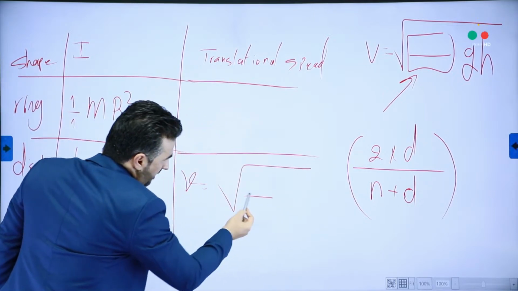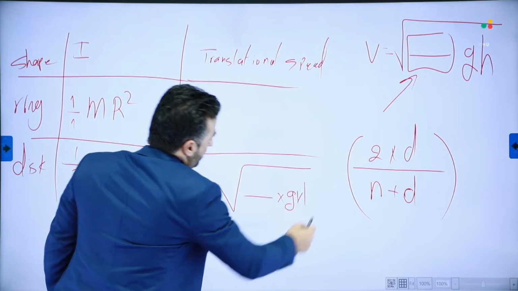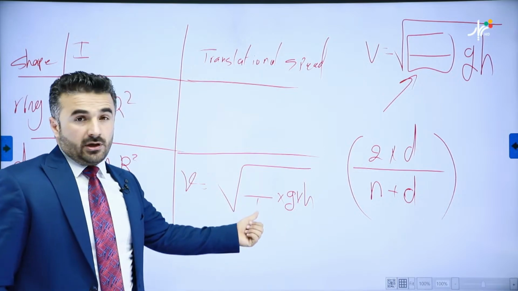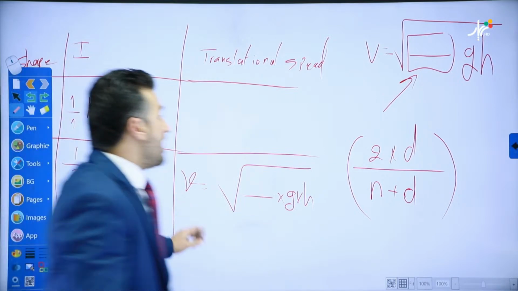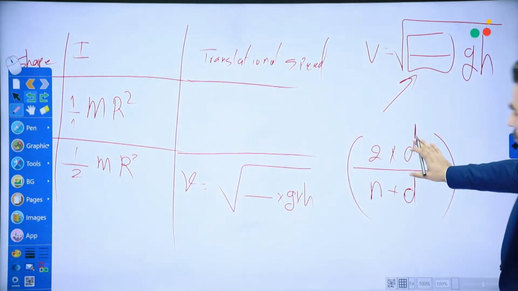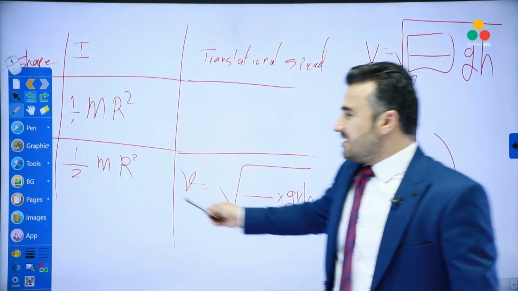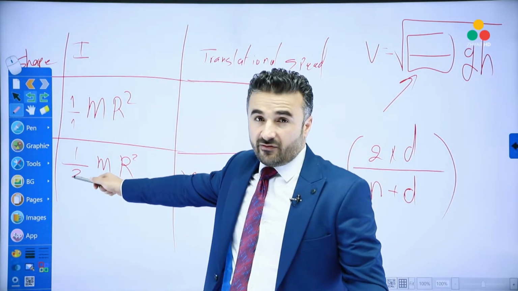Of course, we're going to say factor multiplied by gravitational acceleration times the height. What about the factor that we're going to write? Based on this rule, it says 2 times the denominator. What is the denominator here? The denominator, you obviously know, is the bottom of the fraction.